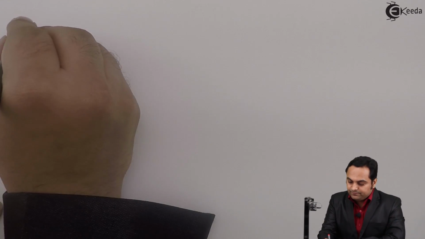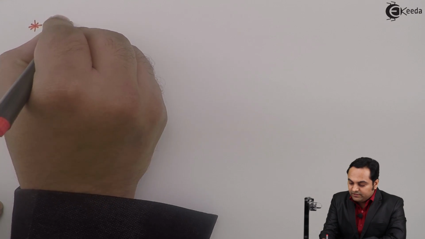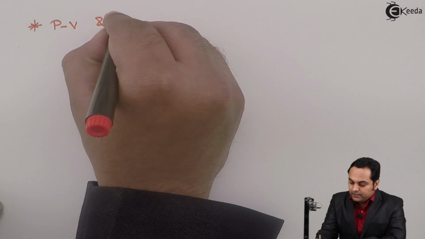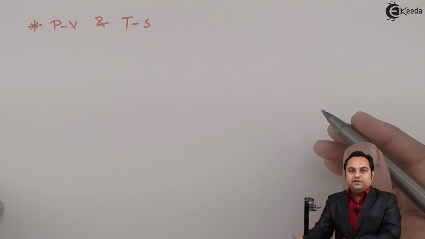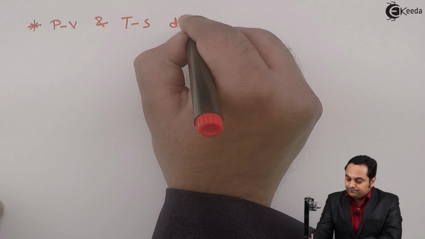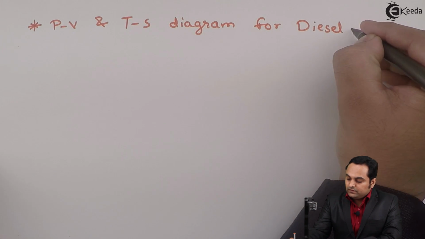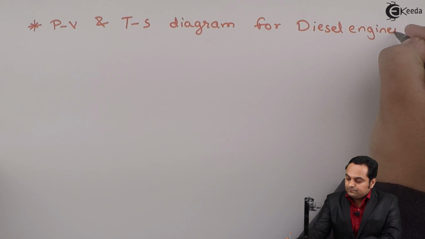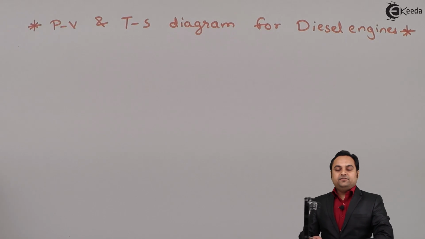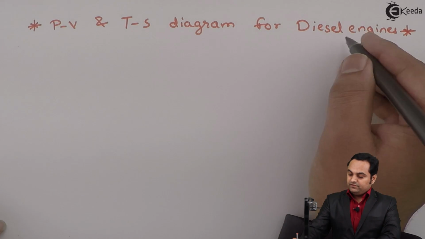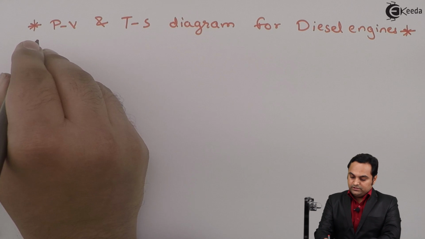So here we have PV, that is pressure and volume, and TS, that is temperature entropy diagram for diesel engines, or we can say it is for diesel cycle, one and the same thing. Now I'll draw the diagram.